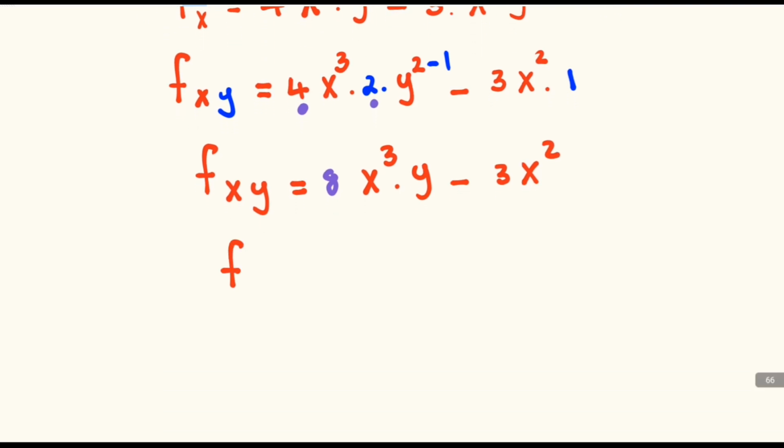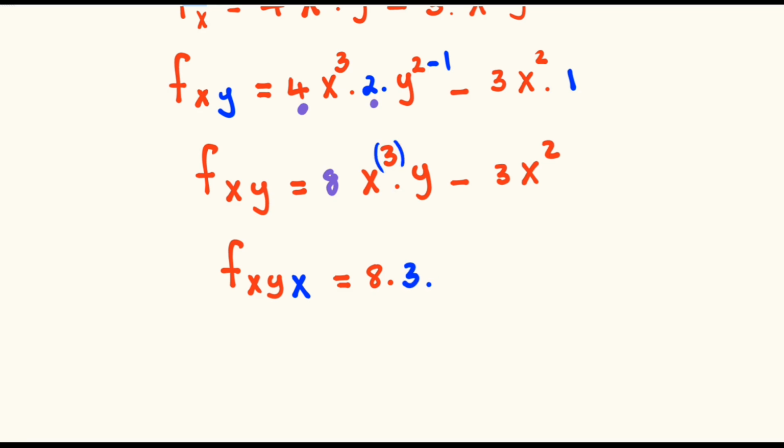So now that we determine the partial derivative of f with respect to x and with respect to y, again now we determine with respect to x. And this will be equal to the 8 multiplied by the derivative of x raised to the power 3, which will be equal to the exponent of the x, which is the 3.